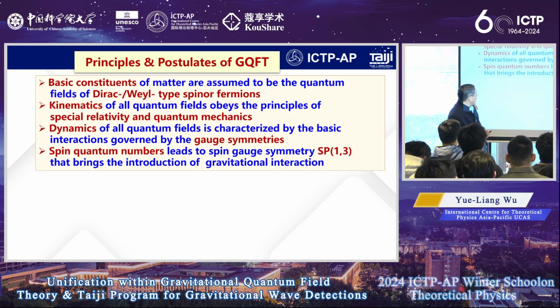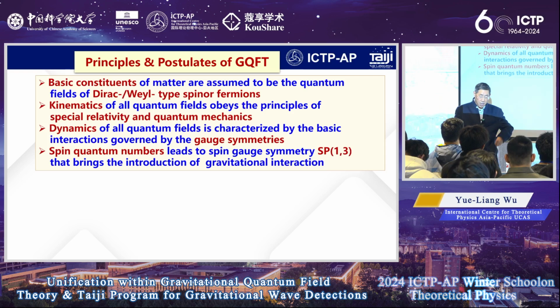Okay, then here we want to distinguish the spin quantum numbers from the coordinates. In the quantum field theories based on special relativity, the spin symmetries and coordinate symmetries should be associated as Lorentz symmetry.